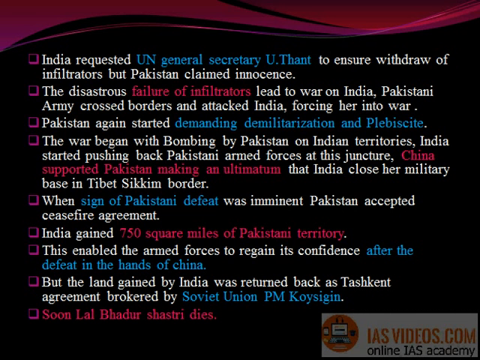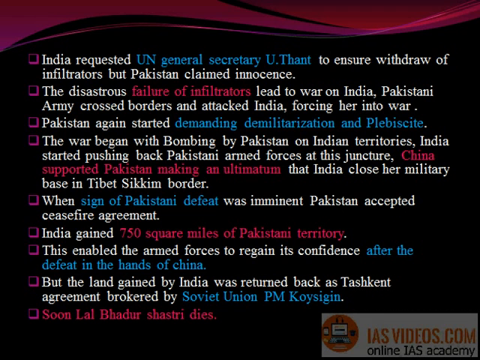The war began with bombing by Pakistan on Indian territories. India started pushing back Pakistani armed forces at this juncture. China supported Pakistan, making an ultimatum that India close her military base on the Tibet-Sikkim border.